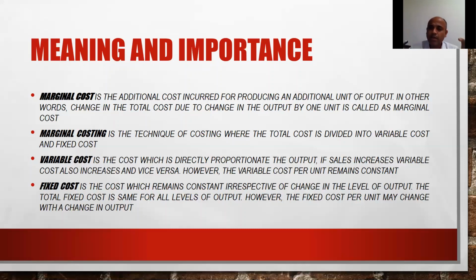In the second month, my output was 1000 units, and each unit of pen requires 10 rupees of material. Therefore, my material cost will be 1000 units into 10 rupees each. That makes it 10,000. Is that okay? Go to the third month.